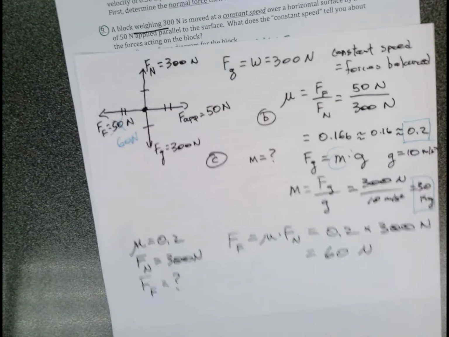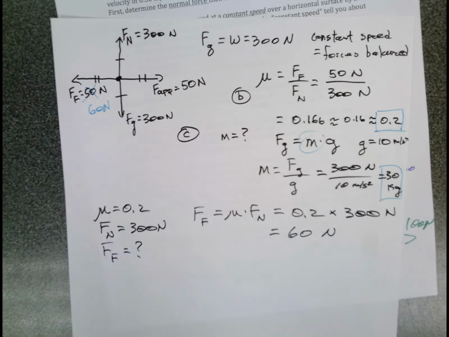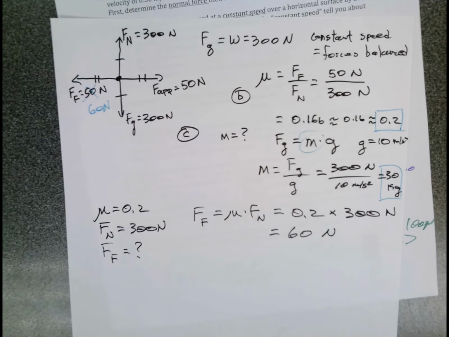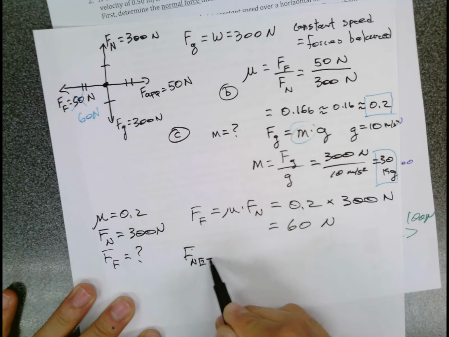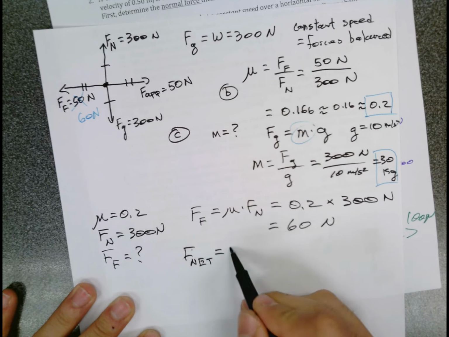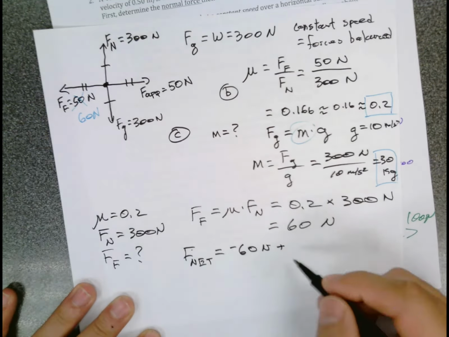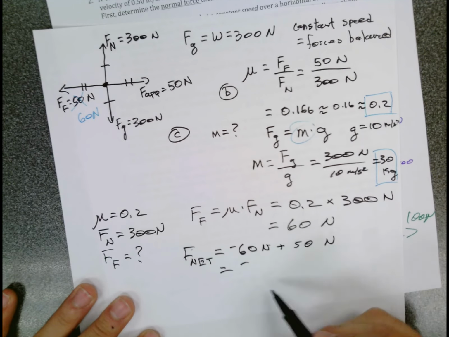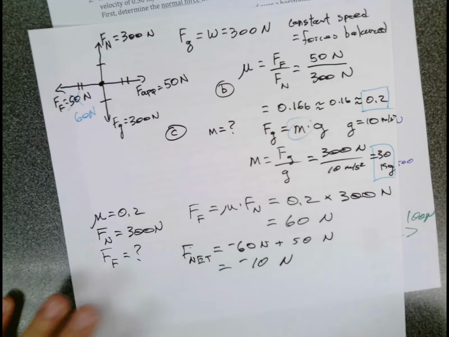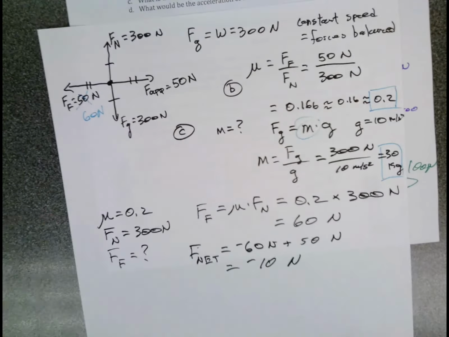Now we have an unbalanced force. That unbalanced force makes the friction force more than the force applied. So our F net is now minus 60 from the force of friction plus 50 from the force applied to give us minus 10 newtons. The question D asks what would the acceleration be?